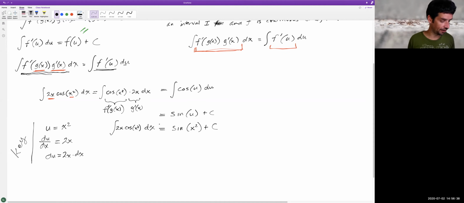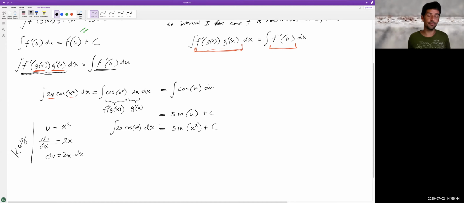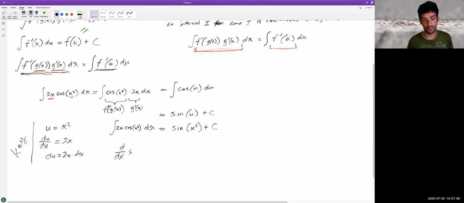A lot of these rules are going to be a little tricky to wrap our heads around, but they're pretty easy to master, and I believe as you work with them and get more comfortable with some of these ideas, the sense of it will start to emerge. So let's just see that it works. If this is true, then the sine of x squared plus c is an antiderivative to the function in there, which means if we check our work by taking the derivative, sine of x squared, well, this is a chain rule.